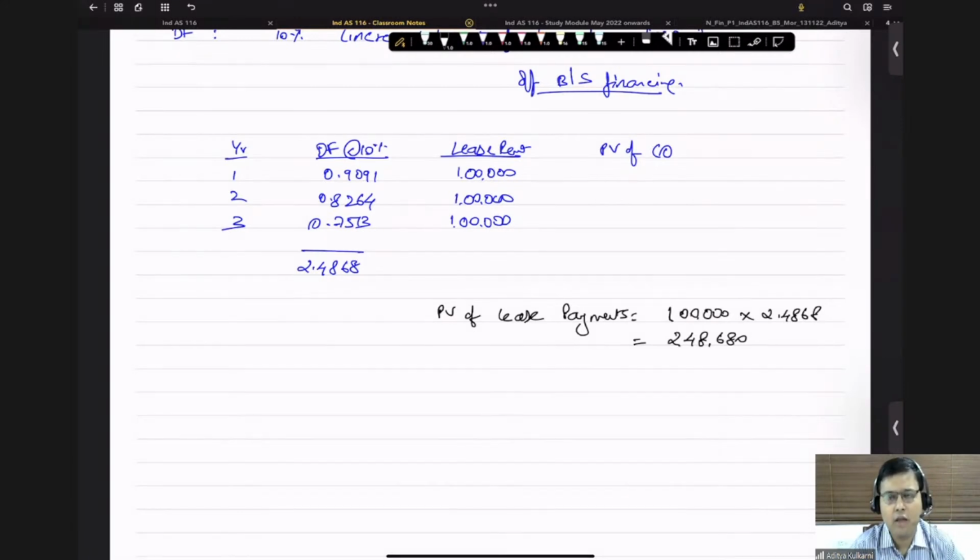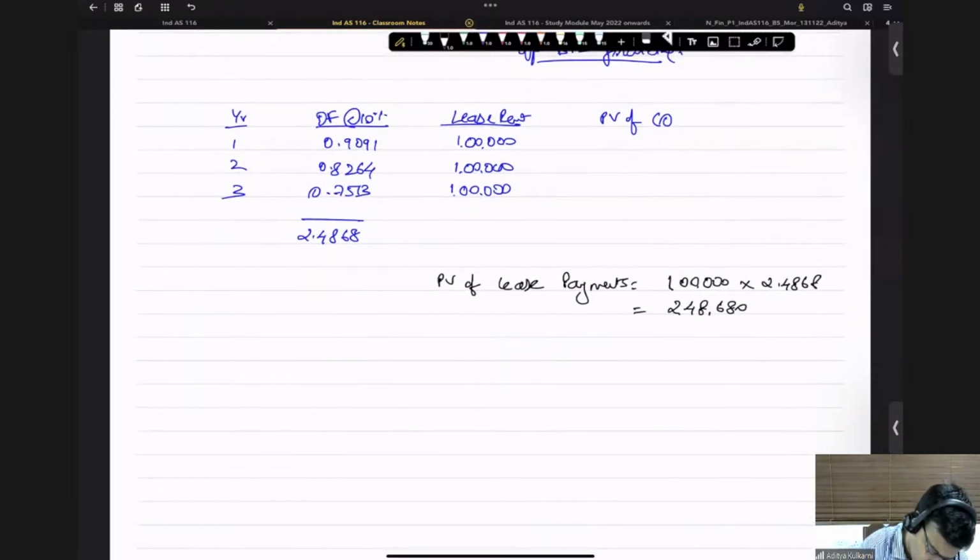So on the inception, on the date of commencement of lease, the entry that will be passed is this: credit the lease liability with 2,48,680. And what are you going to debit?